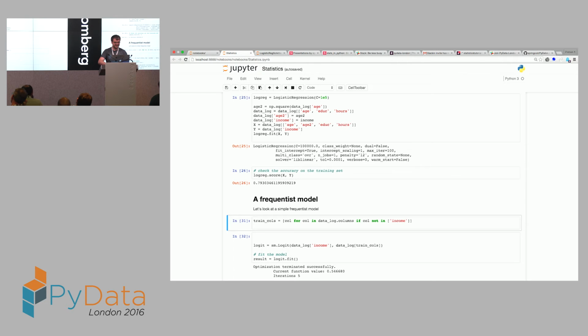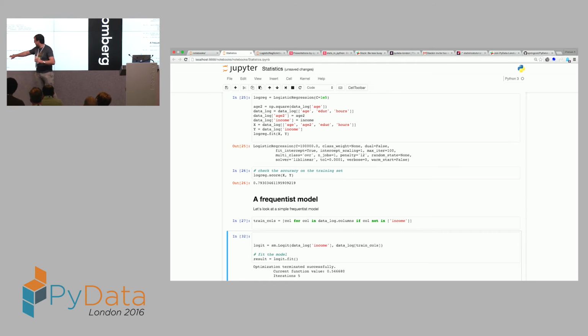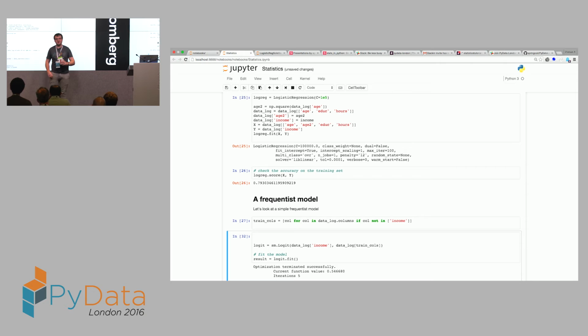The first thing is to use list comprehension to get our training columns. Something I find annoying about Statsmodels is that you have to do things back to front. In Scikit-learn you would put the X here and the Y here; here, you have to do it the other way around.